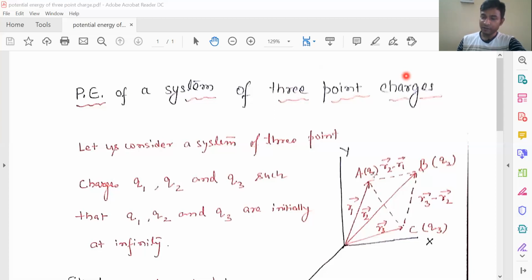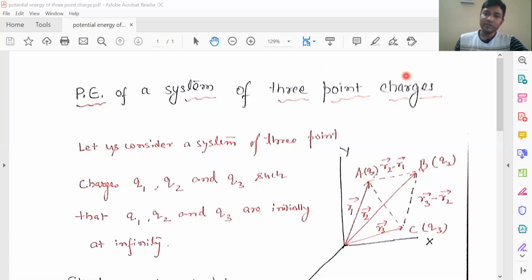Now it is brought. What will happen? Will it experience any type of force of attraction or repulsion? No, because these are the only three charges present over there. When the first charge is brought, there is no electric field, and that's why there is no force.